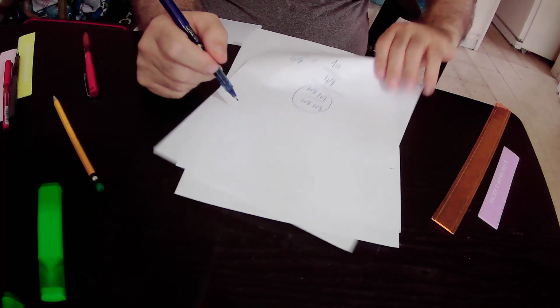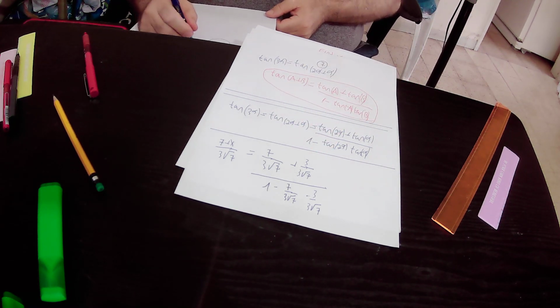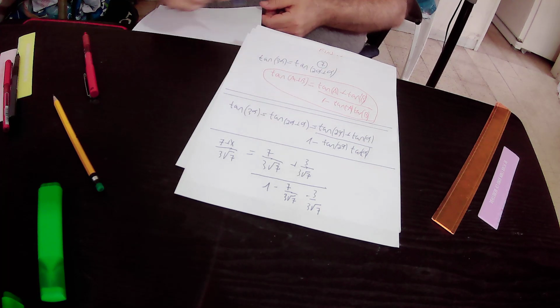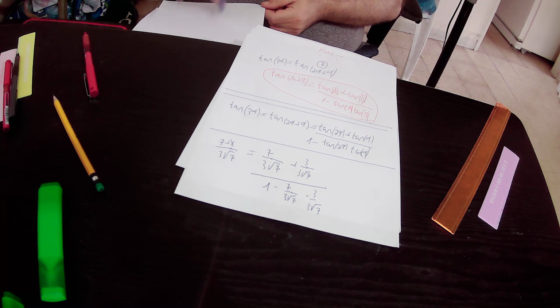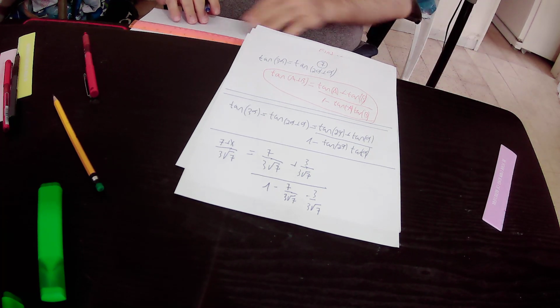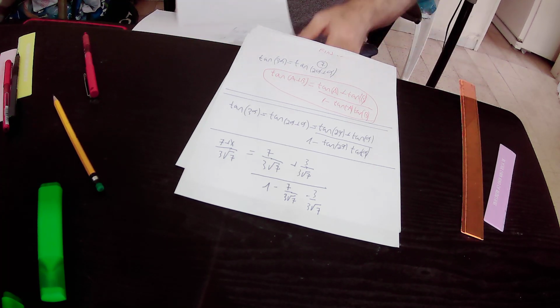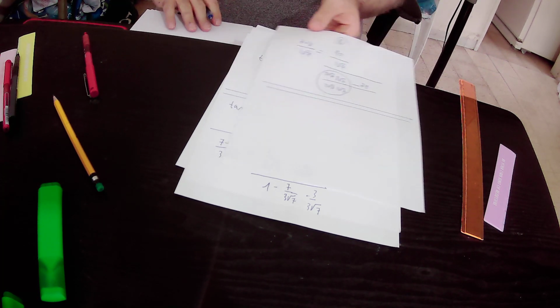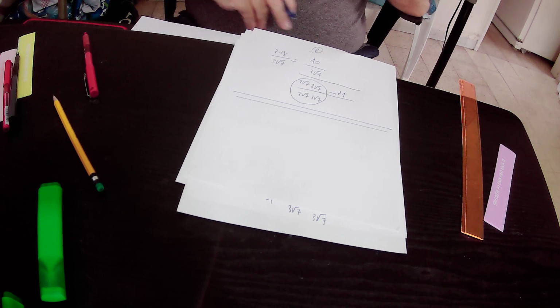So here we have also minus 3, 7 times 3 is 21. So in total we got this equality.